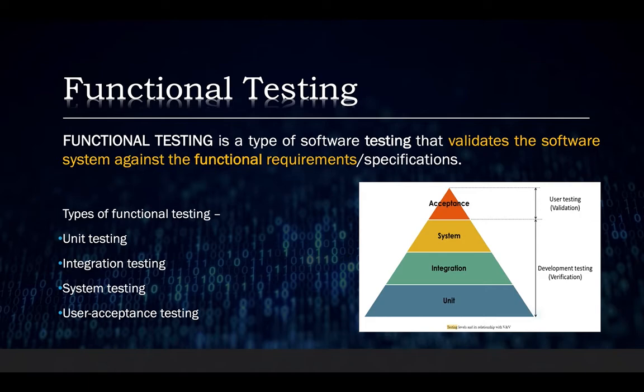Functional testing consists of four types of testing. One is unit and the other one is integration. Then comes system, and the last one is user acceptance. As we can see in this pyramid, the base of the functional testing is unit testing. So we're going to start from unit testing first.